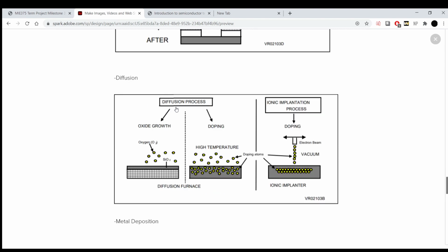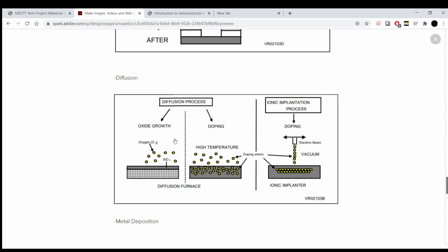Moving on, diffusion. Now, what is diffusion? Diffusion is the process of placing our dopant materials into our semiconductor, like the aluminum, gallium, and the boron that I've talked about before.